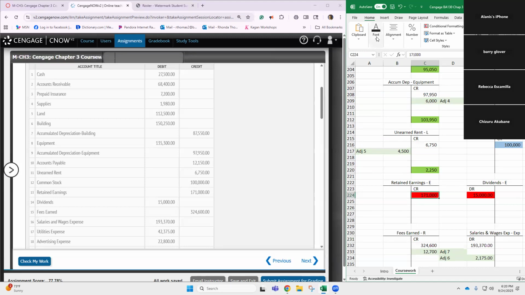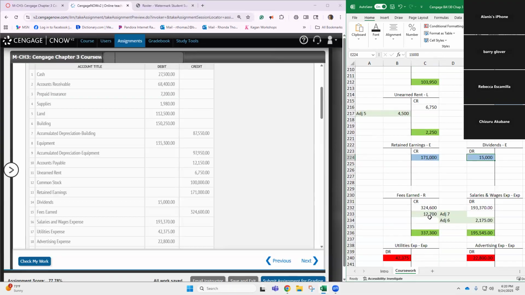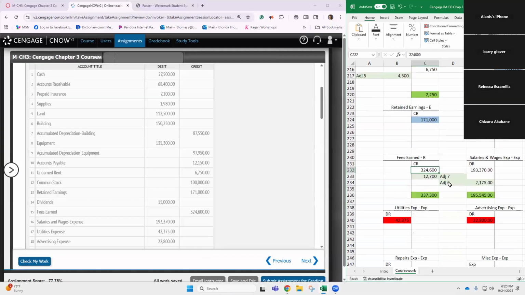Okay, credit side, retained earnings. Dividends has 15,000 in it. Now it is an equity account, but dividends is never adjusted for a month end. Okay, fees earned. Yep, fees earned definitely is a candidate to be adjusted. And fees earned should be 324,600. So that seems to be right.